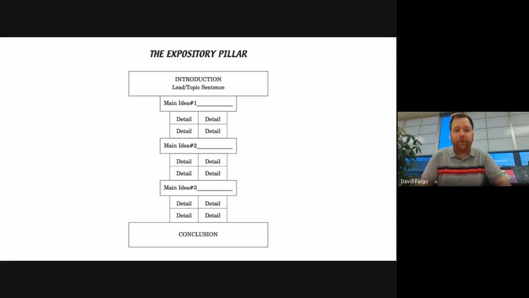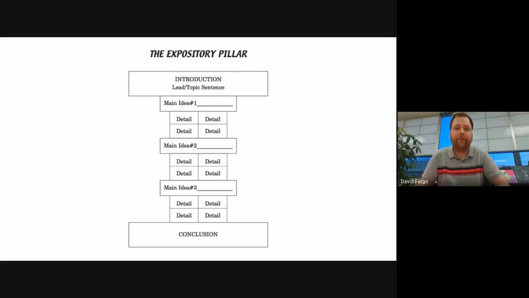With the expository pillar, we have at the top, of course, the introduction, which is either the lead or topic sentence. And remember, with news articles, we're really talking about a lead sentence. So we're summarizing where something happened, who it happened to, when it happened, and what actually happened.